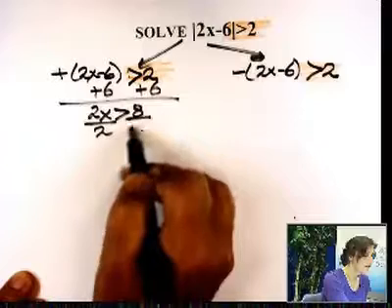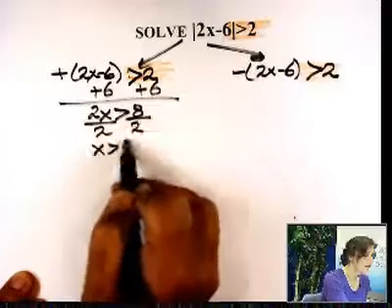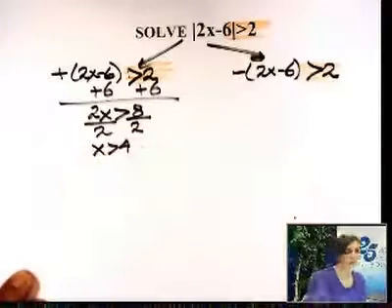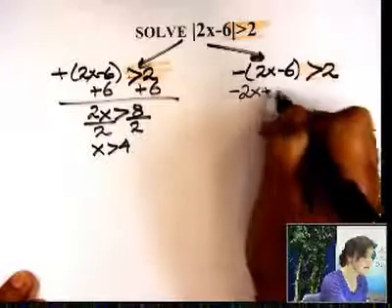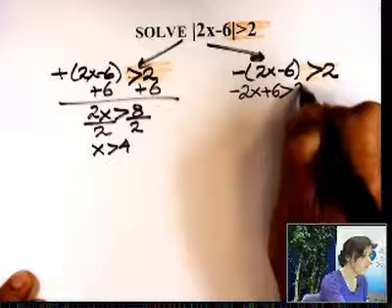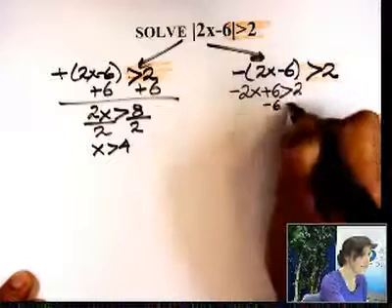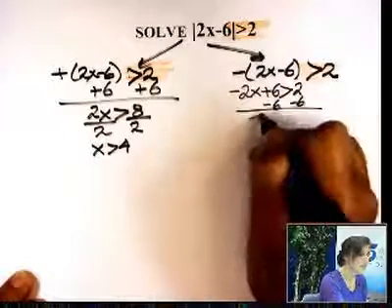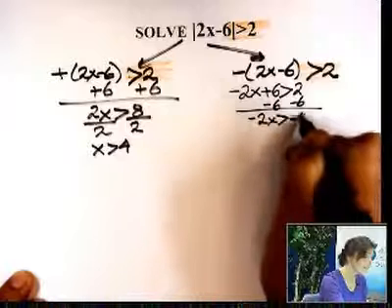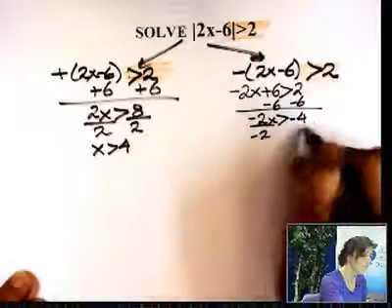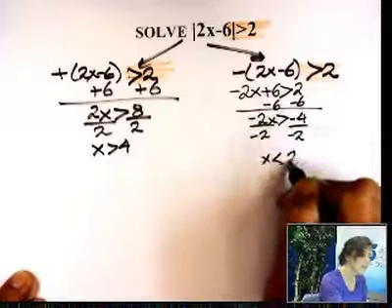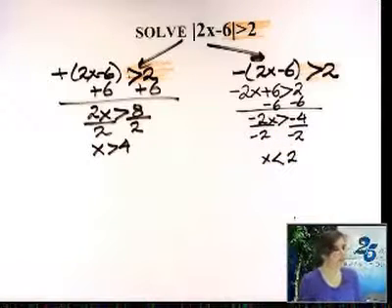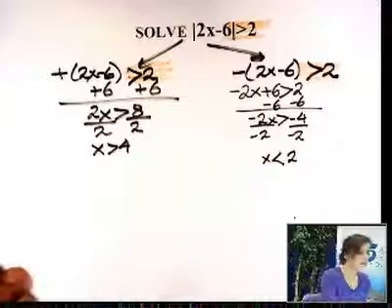Divide both sides by 2. X greater than 4. Let's work this one out. Negative 2x plus 6 greater than 2. Subtract 6. Negative 2x greater than negative 4. Divide by negative 2. X is, this is going to flip, less than 2.